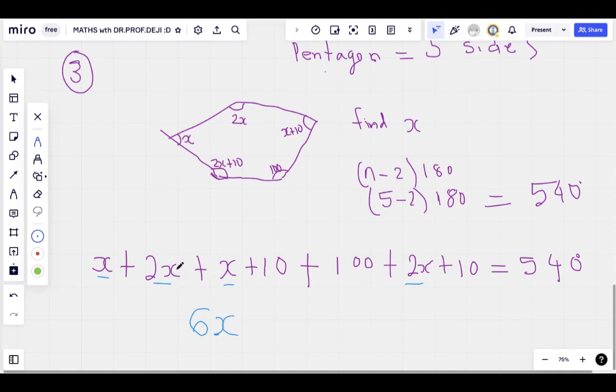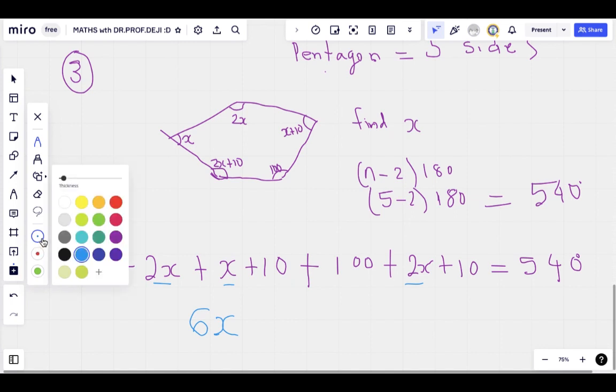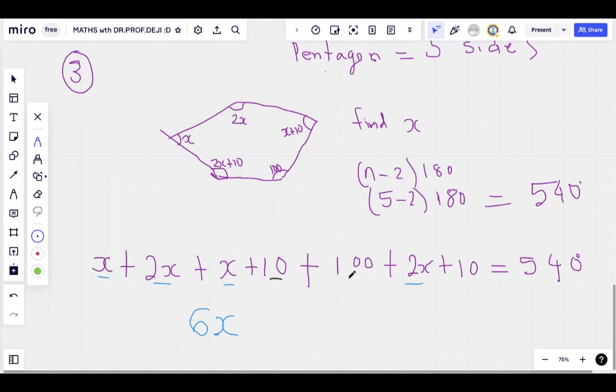Then I add every other number together. I have 10 plus 100, that's 110, plus another 10, that's 120. So here I have 120, equal to 540.